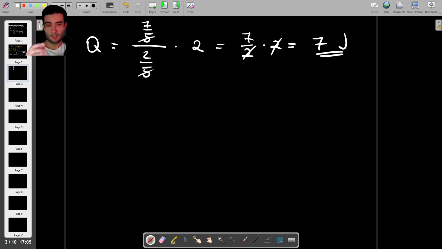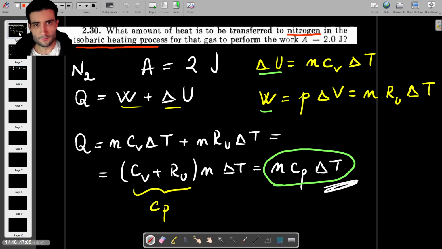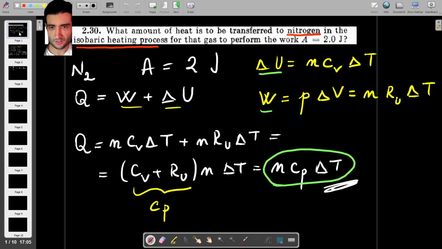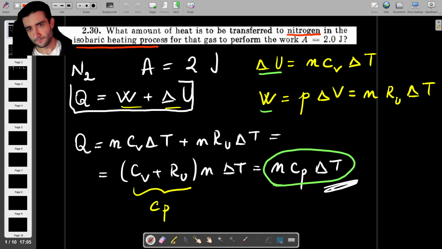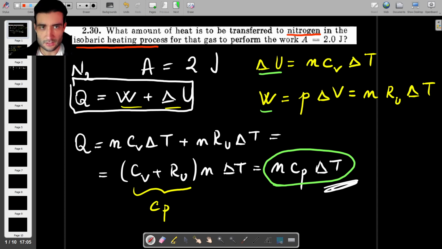So if we give this gas 7 joules of heat, 2 of those joules are going to help the gas to do work, and the rest of them, the 5 joules, are going to increase the internal energy of the gas. In this way, we can make sure that the first law of thermodynamics is respected. And that's the end of the question.